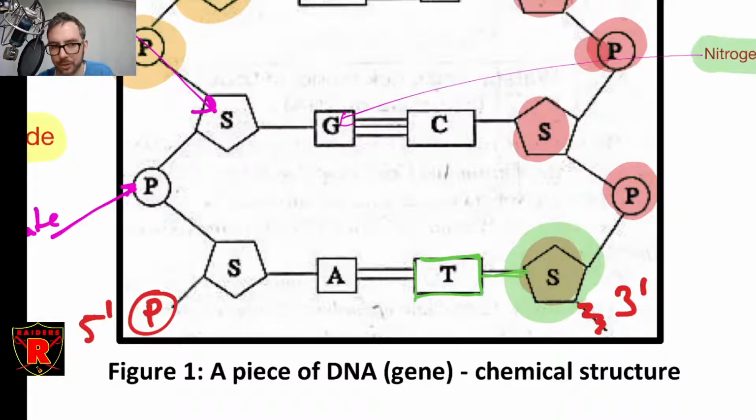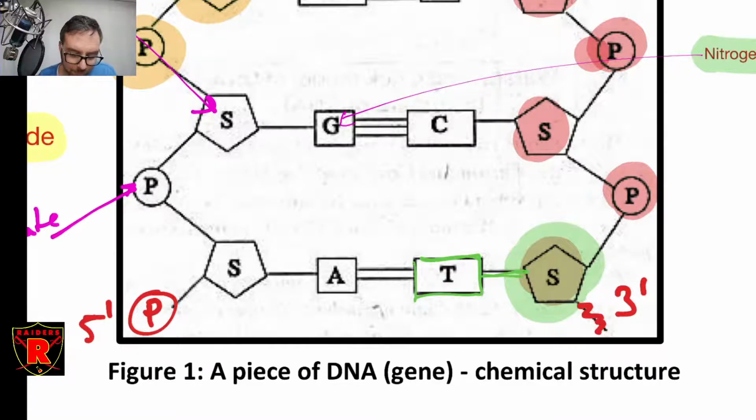What that direction is, is not important for grade 11, but it is important to know that you read along in a certain direction, and you don't ever read it the other way. Because obviously if you read the DNA, the instruction book, backwards, it would be meaningless. If you read a book in reverse, it doesn't say anything. The same thing is true for DNA. So there is a directionality to it, and it's always read in the same direction.